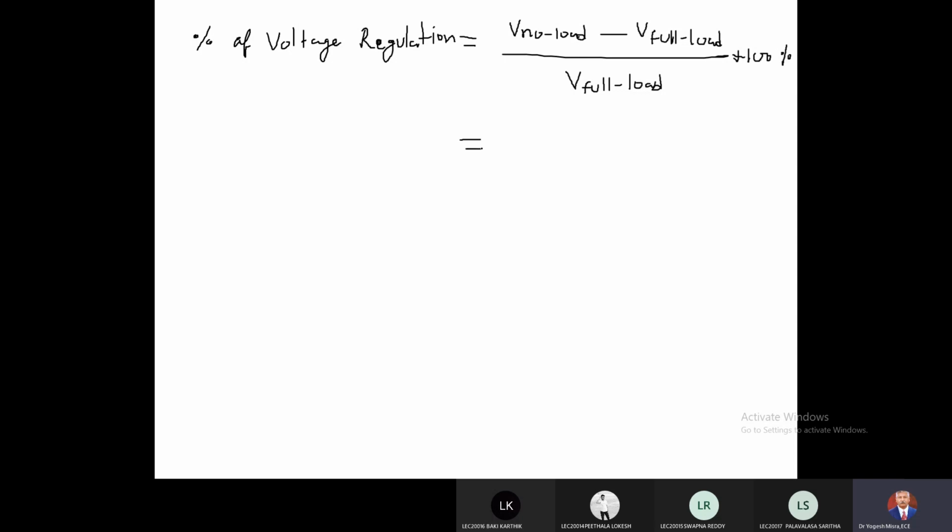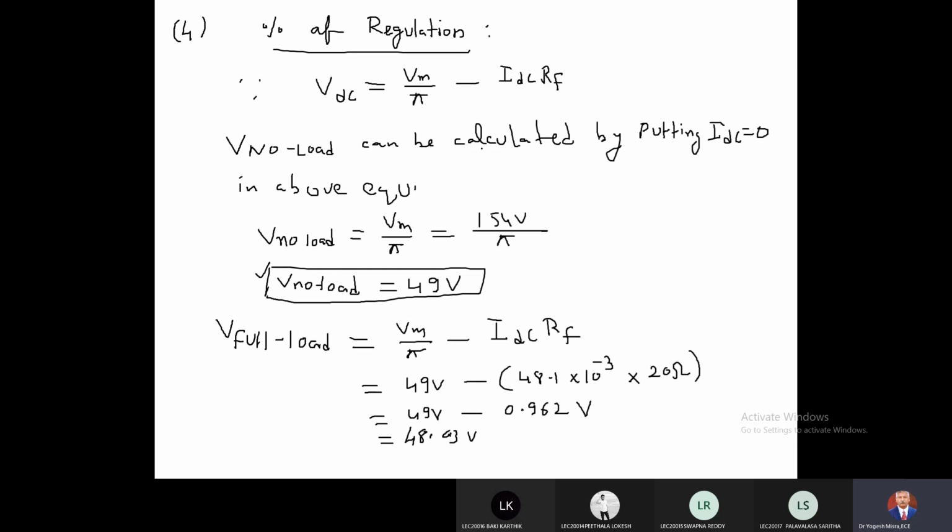So if you see, voltage at no load, how much it is? 49, and full load 48.03.